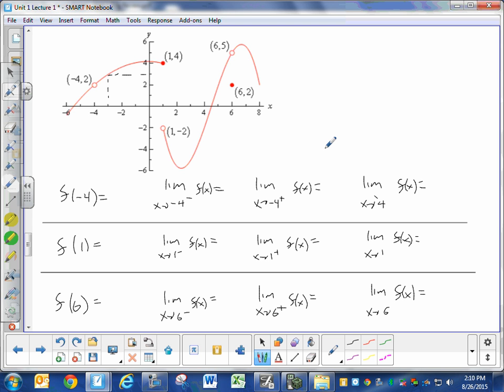Can you come from the left for f is 1 because it's an open circle?